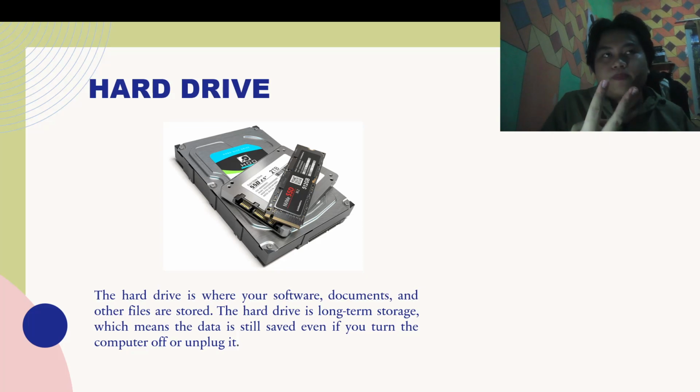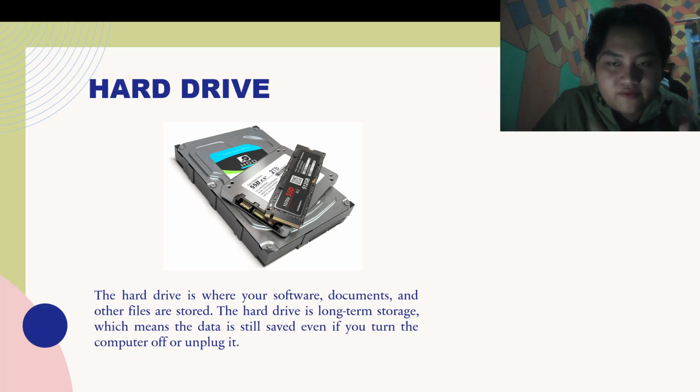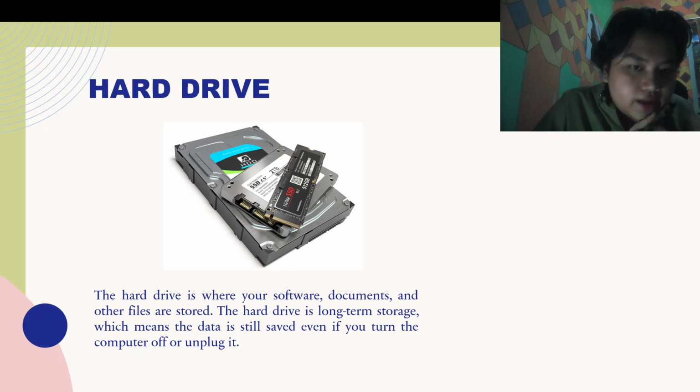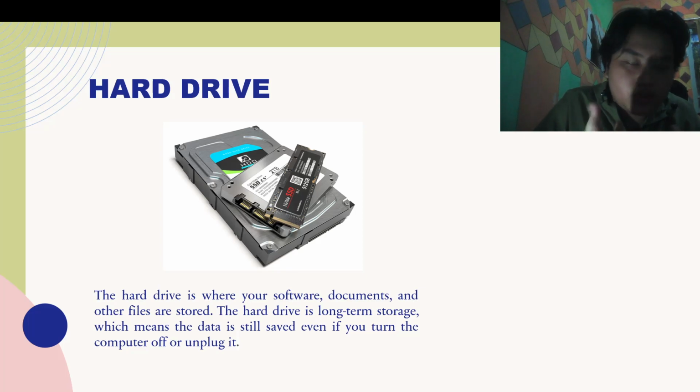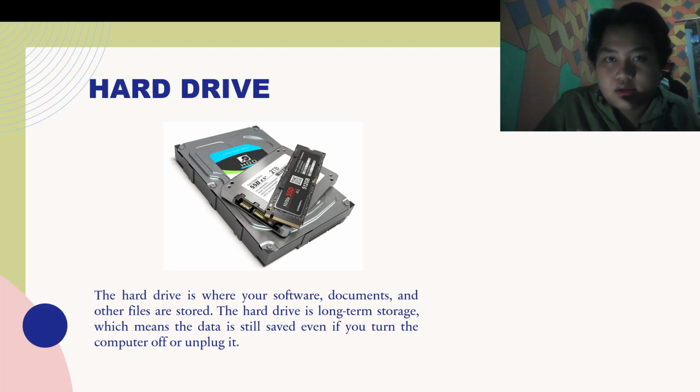There's many types of hard drive. There's hard disk, there's SSD, SSD SATA, SSD NVMe, and SSD NVMe 3.0, 4.0. What's the difference between hard disk and SSD?